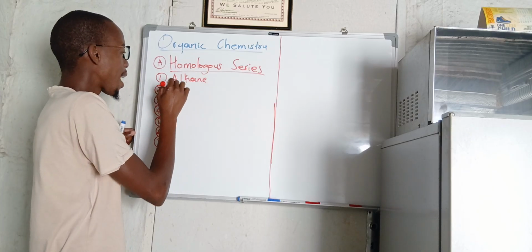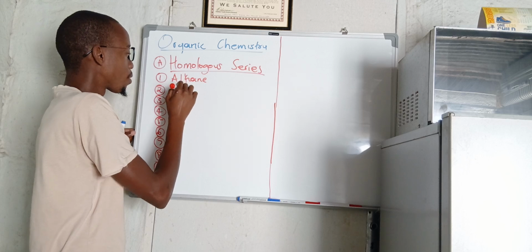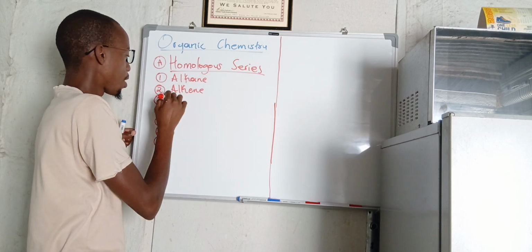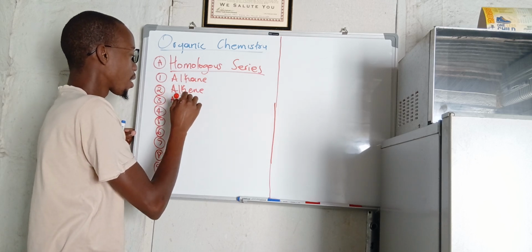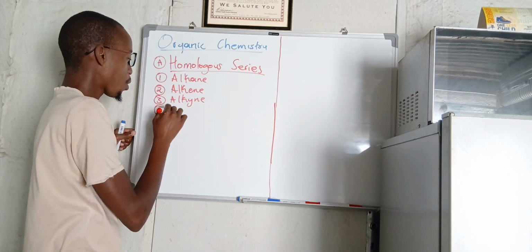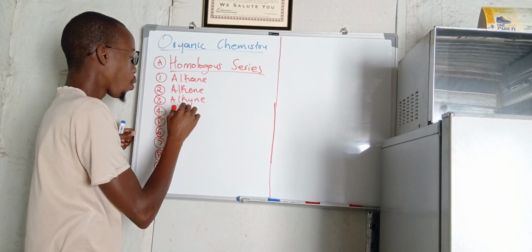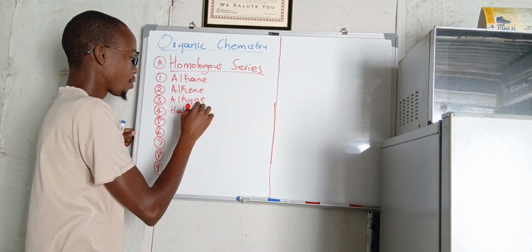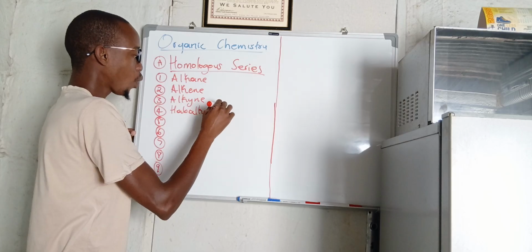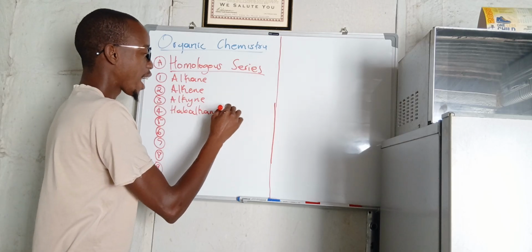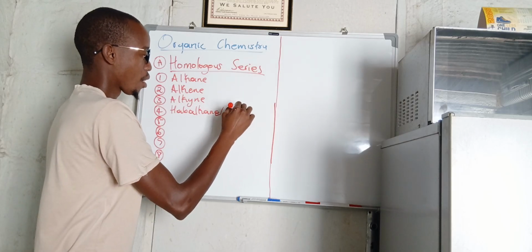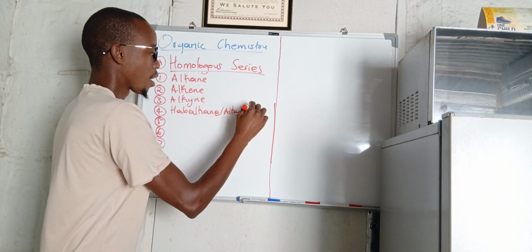The second one is alkene. Third one is alkyne. Fourth one is haloalkane or alkyl halides. Alkyl halide.